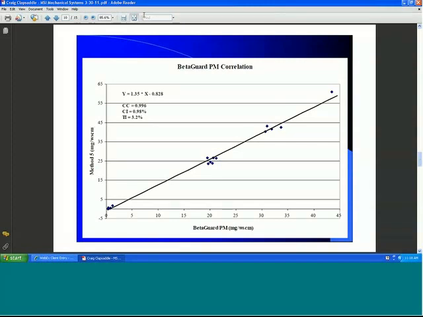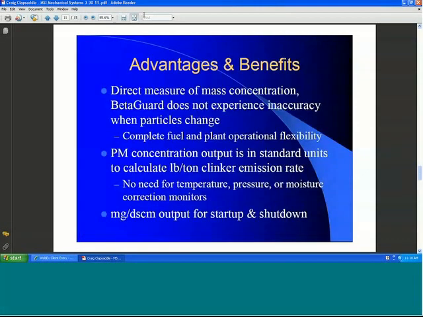And then we perturbed the system, detuned the control device, changed the air-fuel ratio at this facility, and generated those 5 higher data points for our high level. And again, showing the correlation statistics there, all of them were well within the PS11 requirements. Next one, Bob.